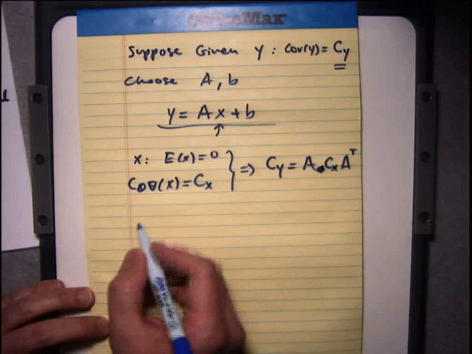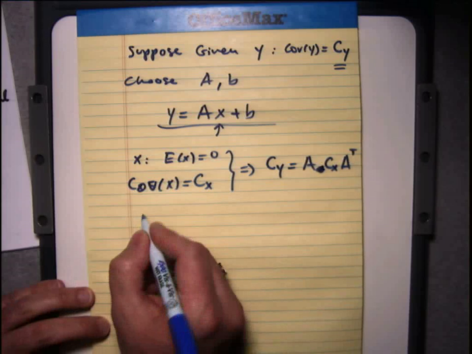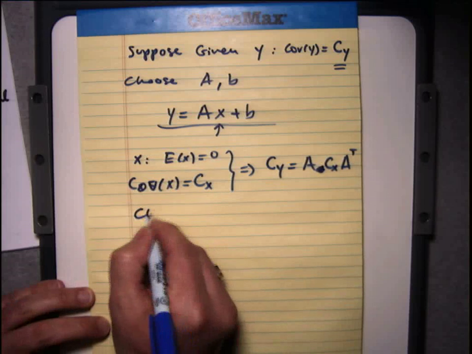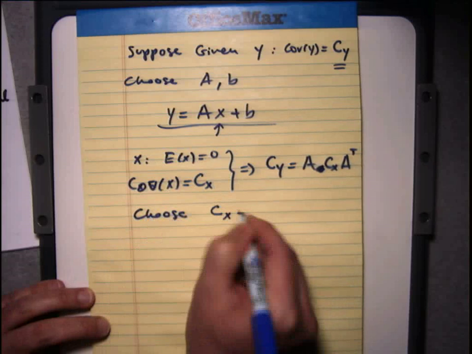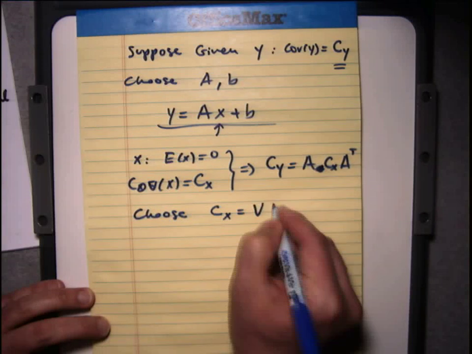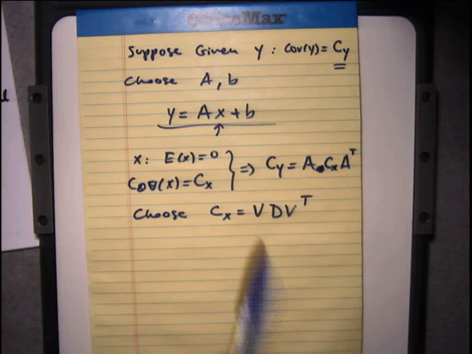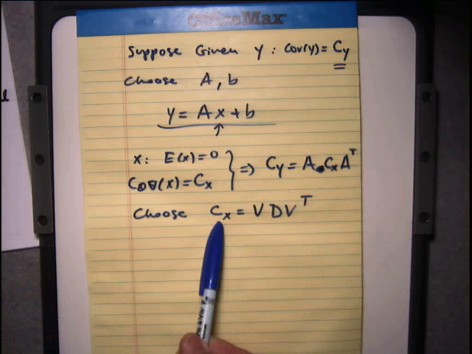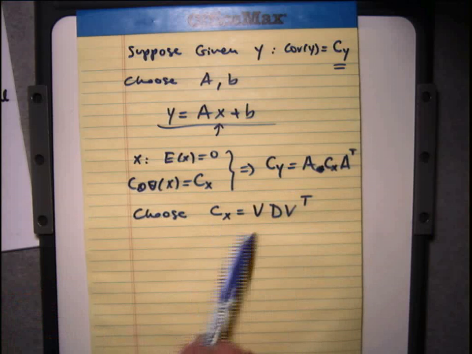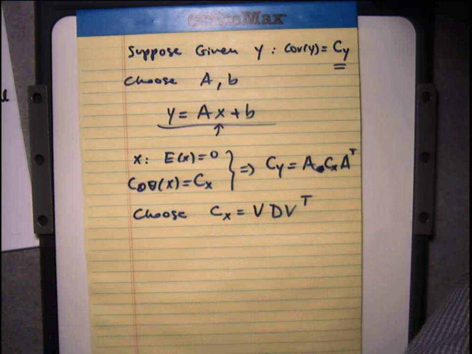So let's now choose Cx to be defined by V D V transpose. Okay, so this is a covariance matrix. It's symmetric, positive definite. So I can write it with an eigenvalue decomposition, which is V D V transpose. Okay.